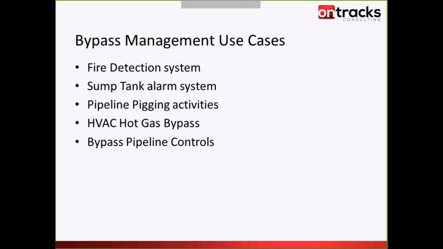Okay, I've outlined some potential use case scenarios that might be relevant to your organization. The first one I've got here is fire detection systems, so you might need to temporarily disable a fire detection system during routine maintenance. You may require the ability to deactivate a measurement alarm on your tank to perform some preventative maintenance.